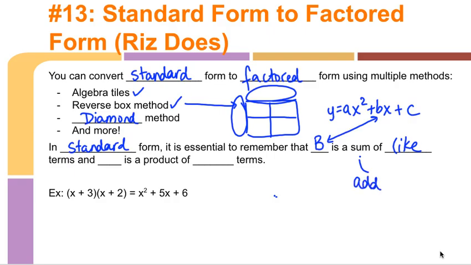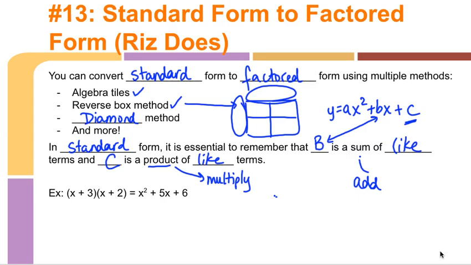Okay? And C, that's this last one, is a product of like terms. So a product is when you multiply. So let's check out to see what I mean by that practically.